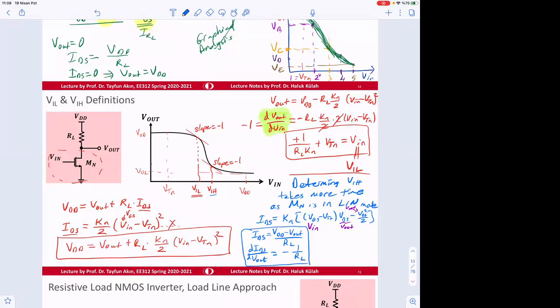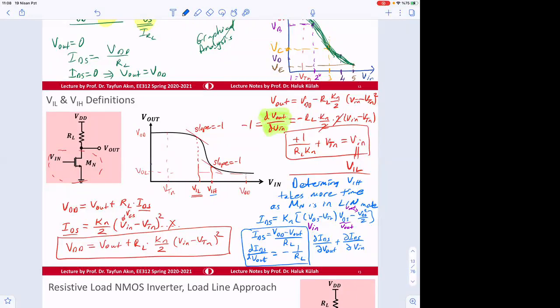And the other one, we need to do the derivative of this: partial derivative of IDS with respect to V out, plus partial derivative of IDS with respect to V in.